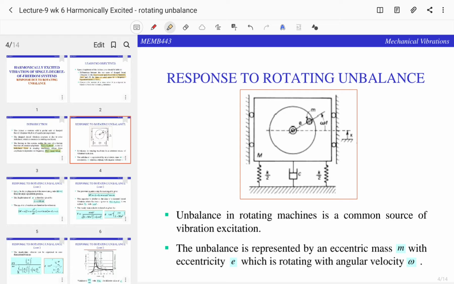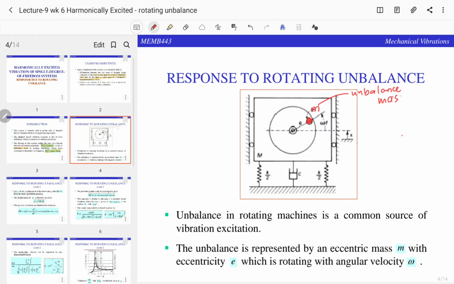So this is the figure basically. Here you can see that this is the center point of the machine, and you have a mass here. This is what we call the unbalanced mass. So this m here is what we call the unbalanced mass.